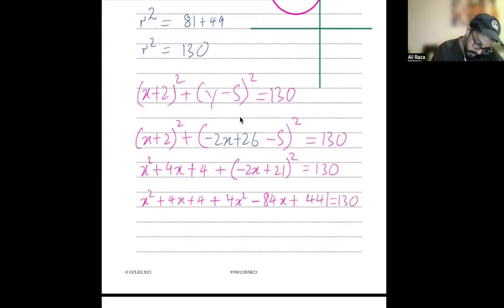We'll simplify this equation, giving us 5x squared minus 80x plus 315 is equal to 0.